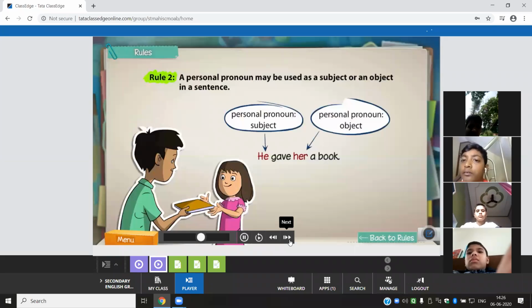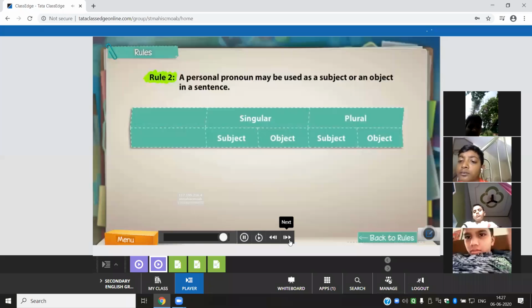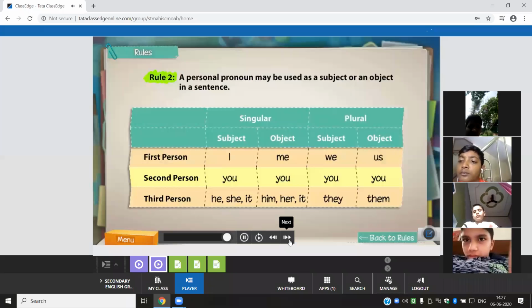It would be incorrect to say, he gave she a book. The correct pronoun to be used here is her, as it is the object of the sentence. The various personal pronouns in the subject and object forms are given in the table.